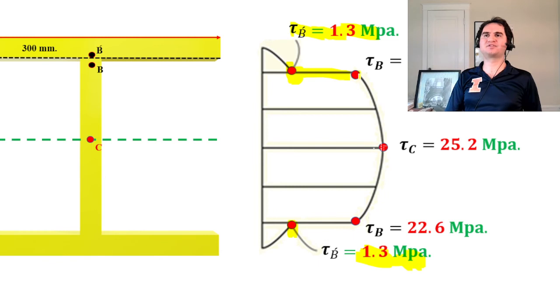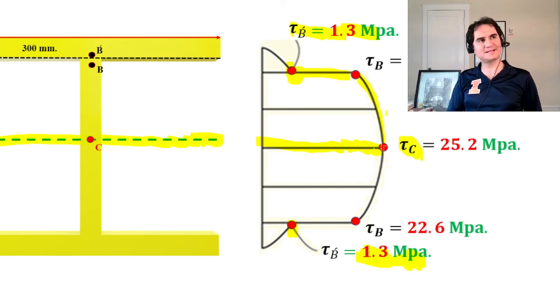It still increases, but by a smaller amount, to reach the maximum amount of shear at the center, or neutral axis, or centroid, which is 25.2 megapascal.